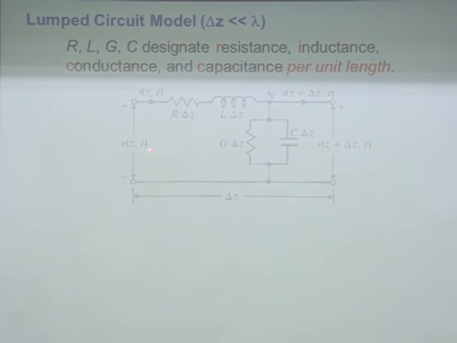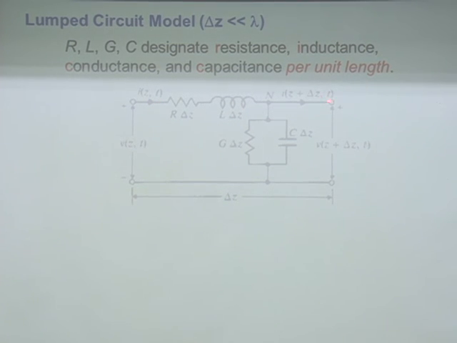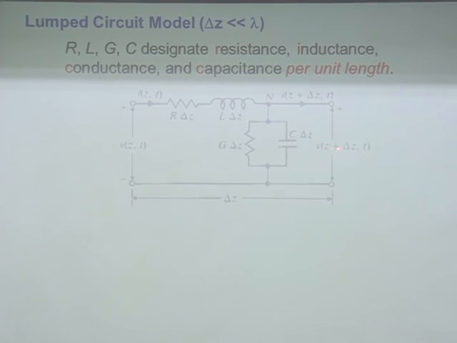But don't forget that this voltage and this current are both functions of position and time. So at this point, you have voltage at Z at time t with a current I, Z, and t as a function of Z and t. And after small differential length delta Z, you have a current right here, Z plus delta Z at the same time. And then over this distance, you have V as a function of Z plus delta Z.